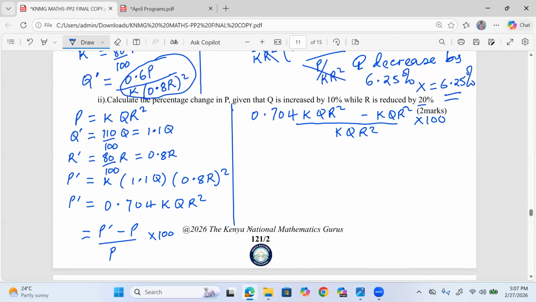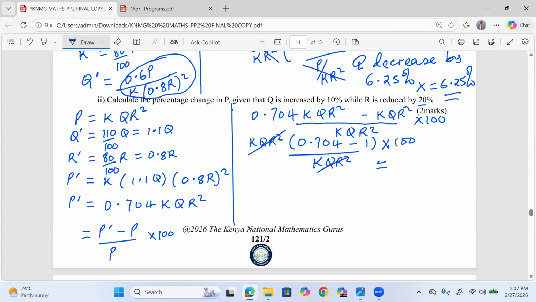Then we multiply by 100. So we factor out from the numerator K Q R squared. We remain with 0.704 minus 1 out of K Q R squared. So this cancels. Remember, there is times 100.